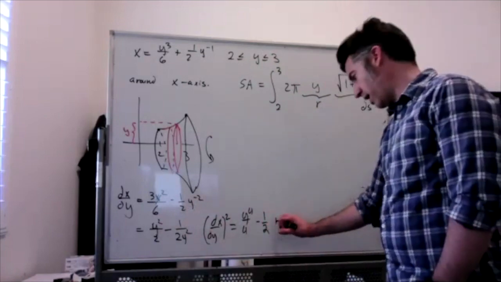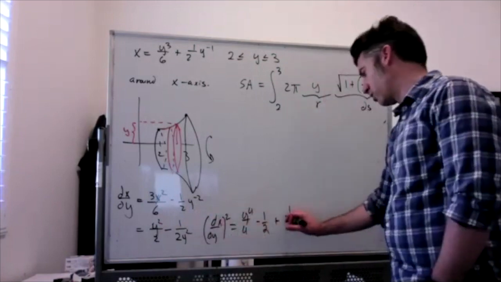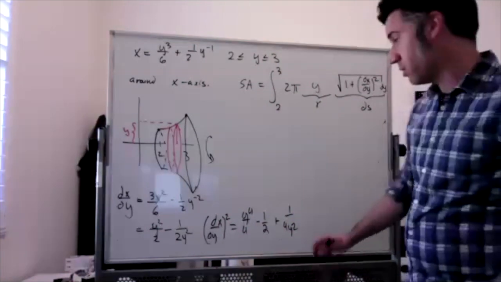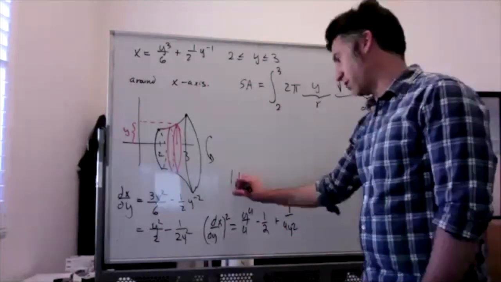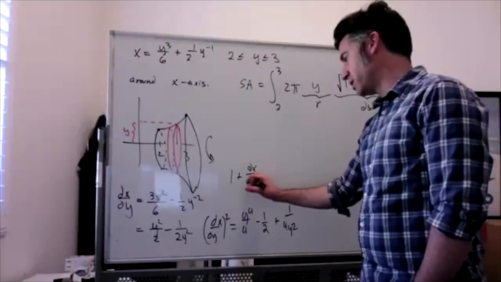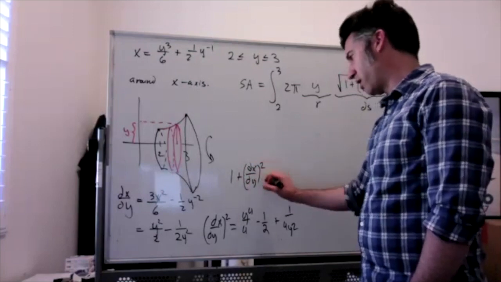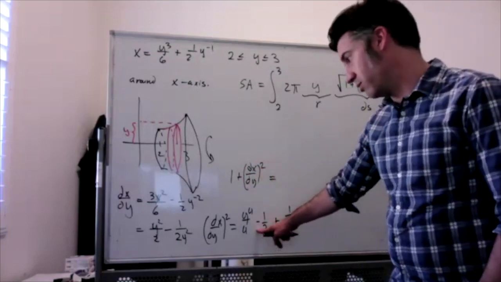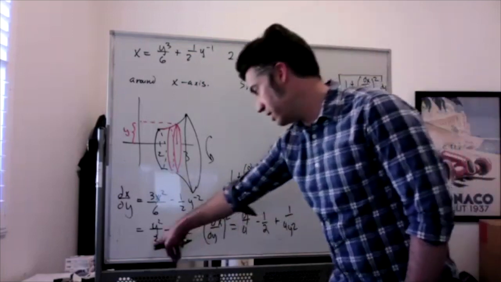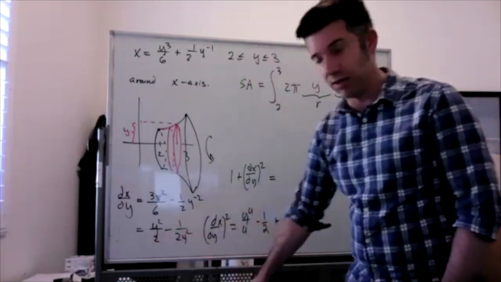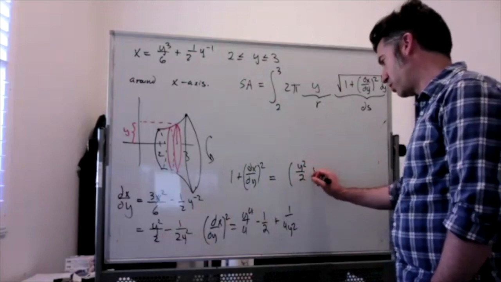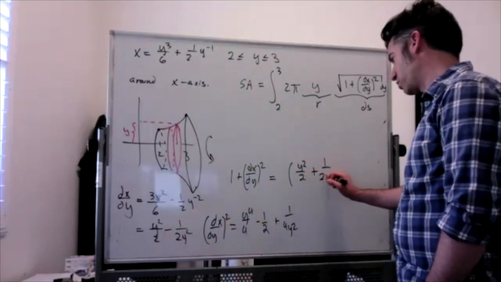And then we add the second thing squared, which is 1 over 4y squared. Then if we add 1, I'm just going to jump straight to the conclusion here. 1 plus (dx/dy) squared is going to be this with a positive 1/2, which is then this squared but with a positive sign in the middle. So it's going to be y squared over 2 plus 1 over 2y squared.